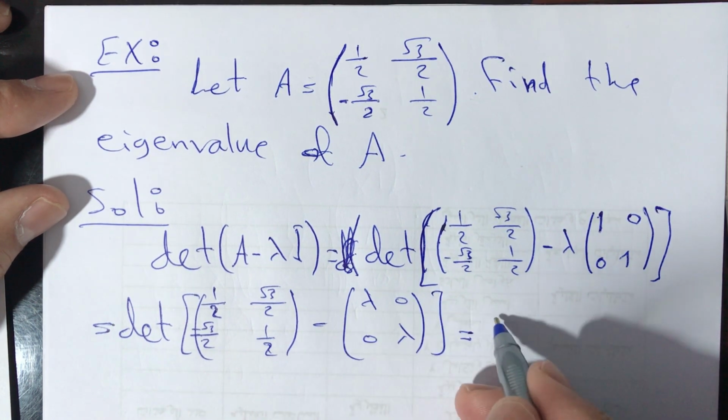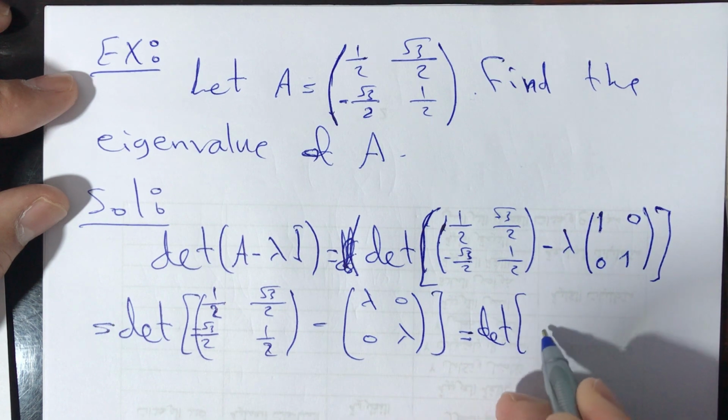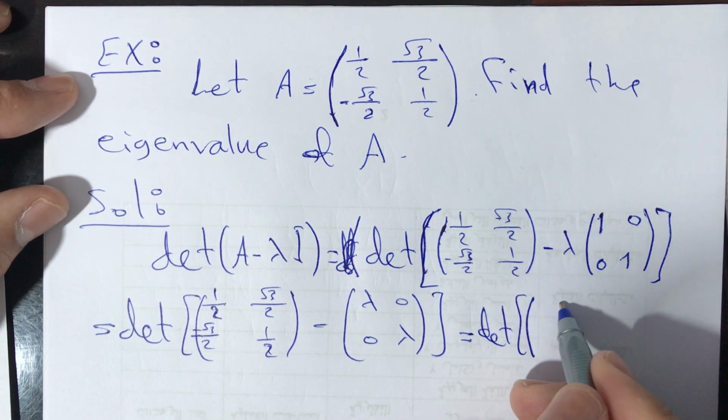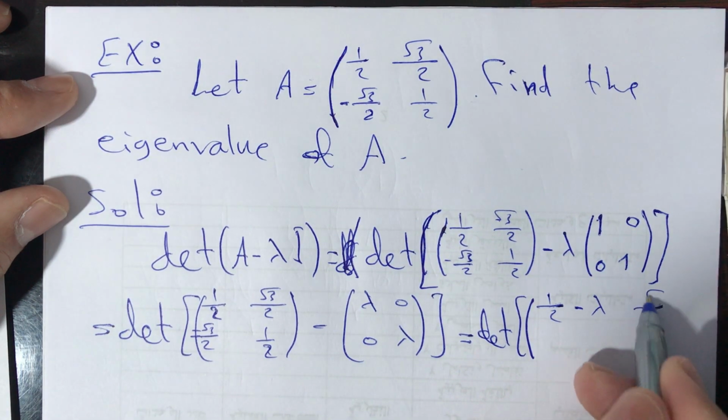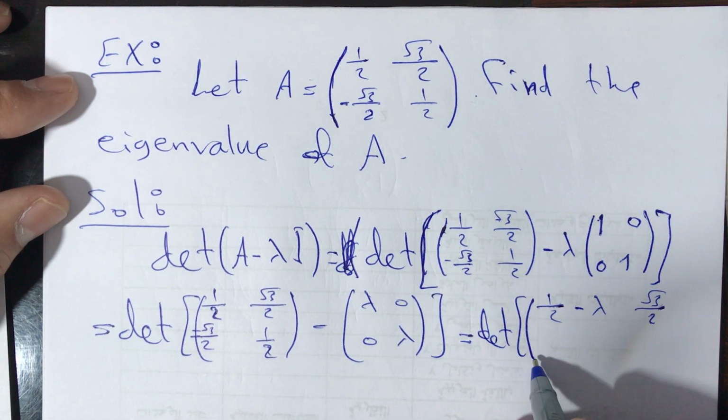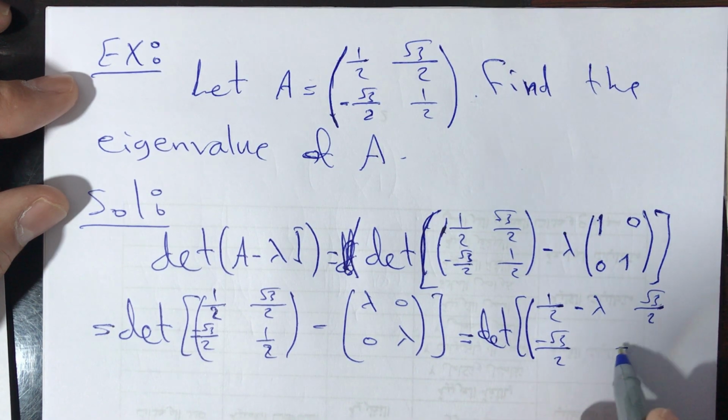Now subtract: the determinant of 1/2 minus lambda, root 3 over 2, minus root 3 over 2, 1/2 minus lambda.